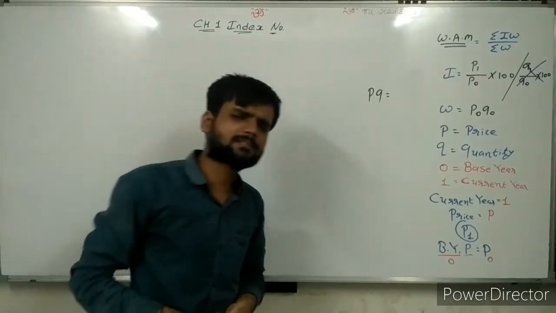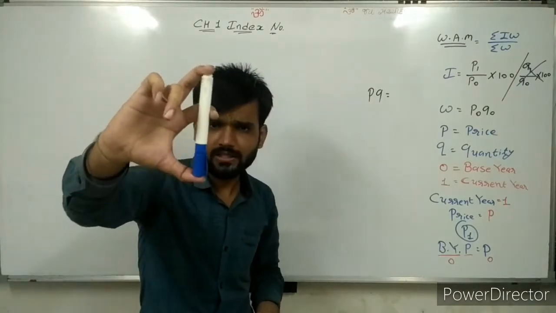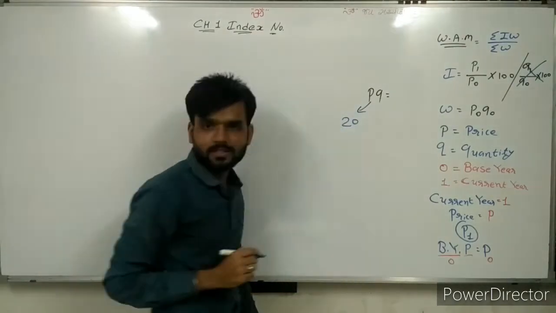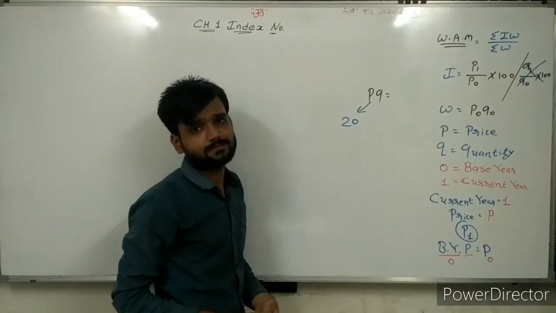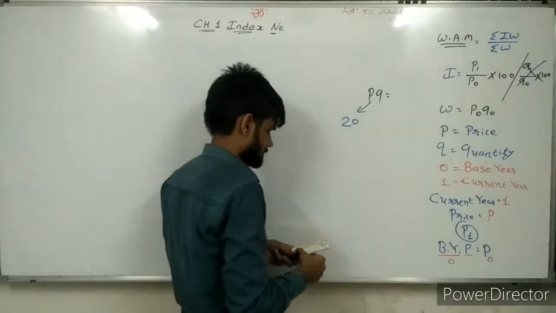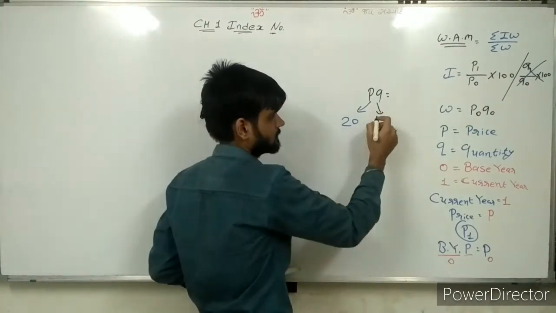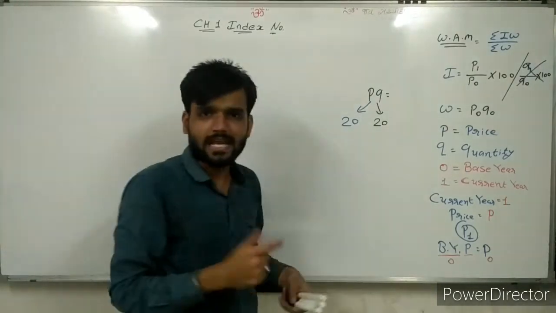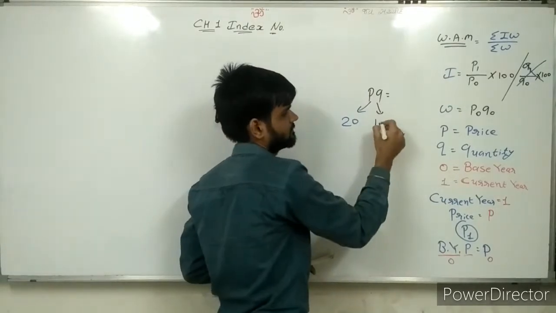Now I am giving you one best example. Suppose the price of this marker is 20 rupees. And the number of markers I am purchasing, suppose 100.